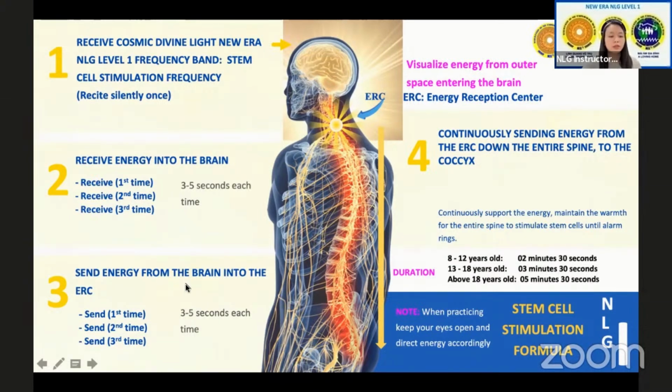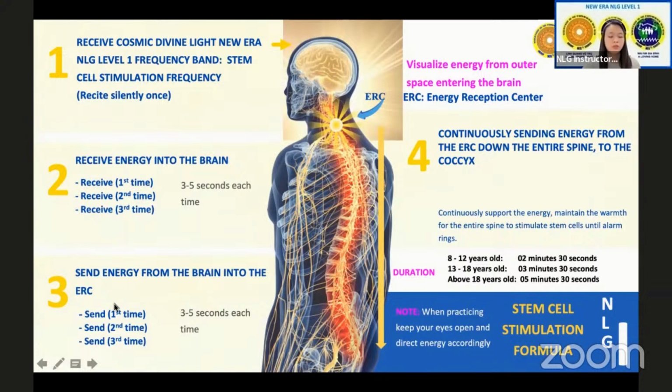Step 3, send energy from the brain into the ERC. Send first time, second time, and third time. Every time you say send in your head, you direct energy accordingly.